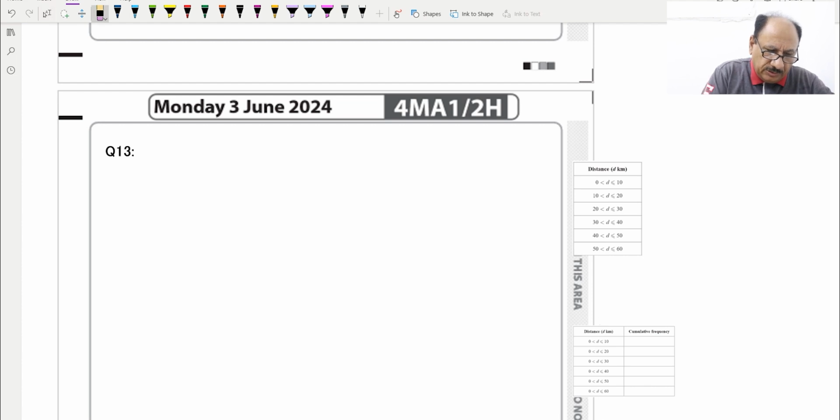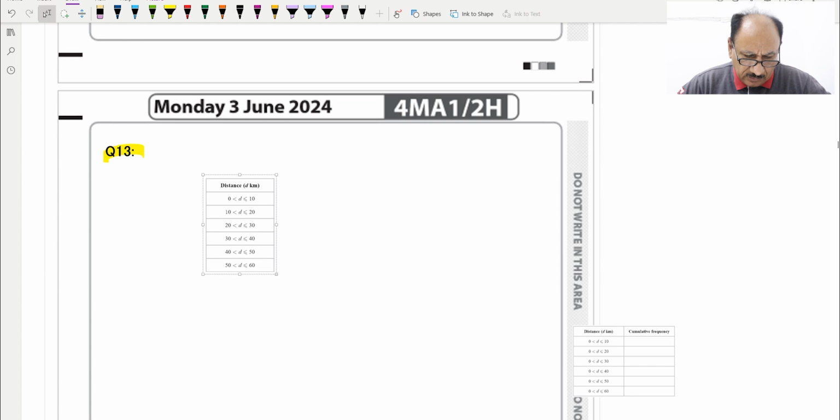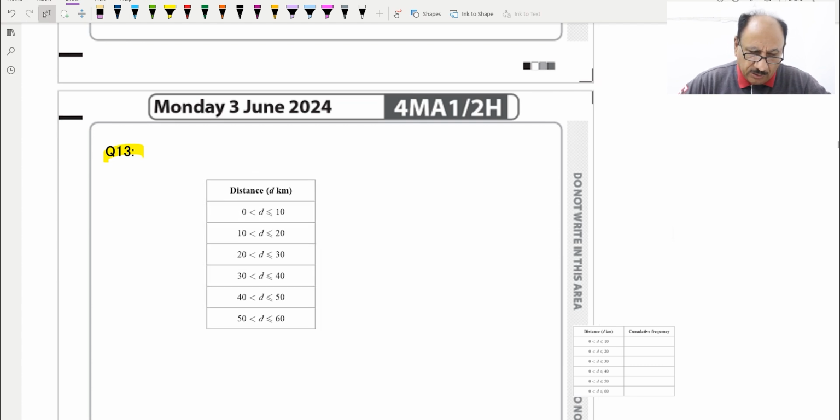Question number 13. The range is provided. The table gives information about the distances in kilometer, and this is the range which they have provided, distance in kilometers.